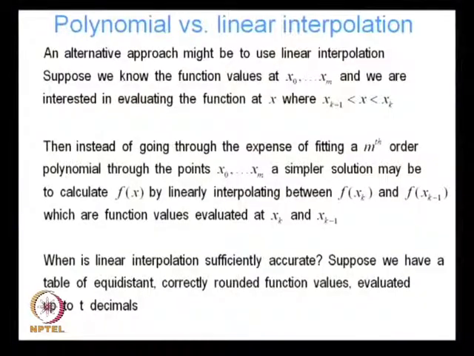Suppose we have a table of equidistant correctly rounded function values evaluated up to t decimals. Suppose I have an equally spaced grid, and I know the function values at all those grid points up to t decimal places, rounded off accurately.